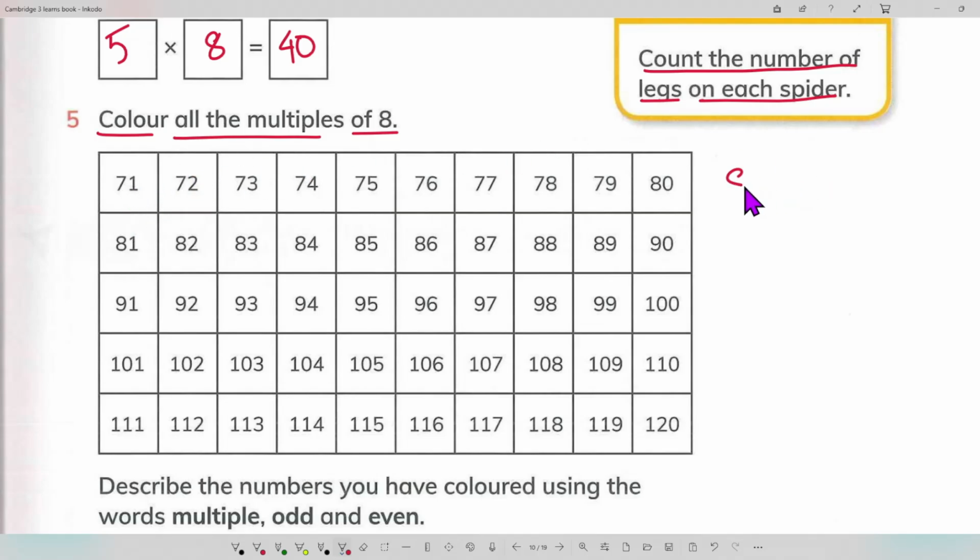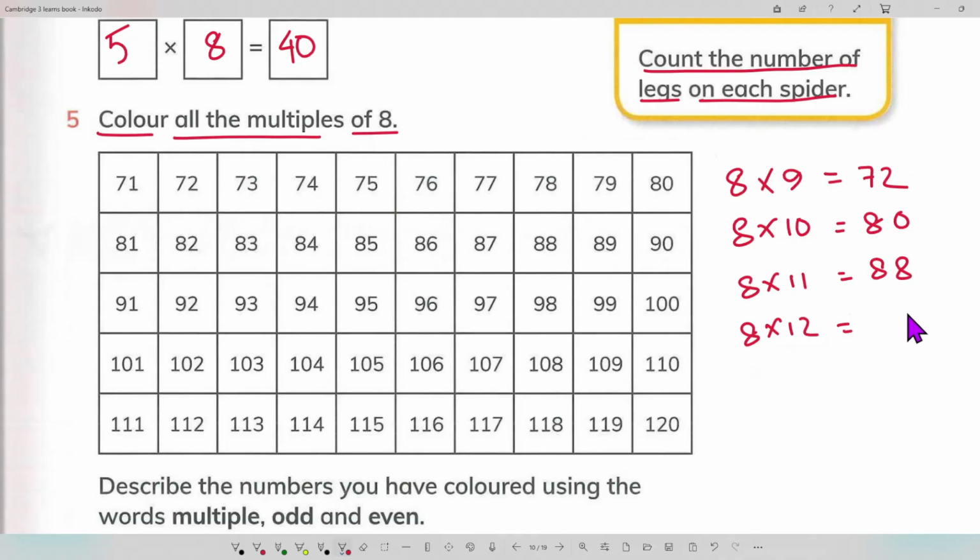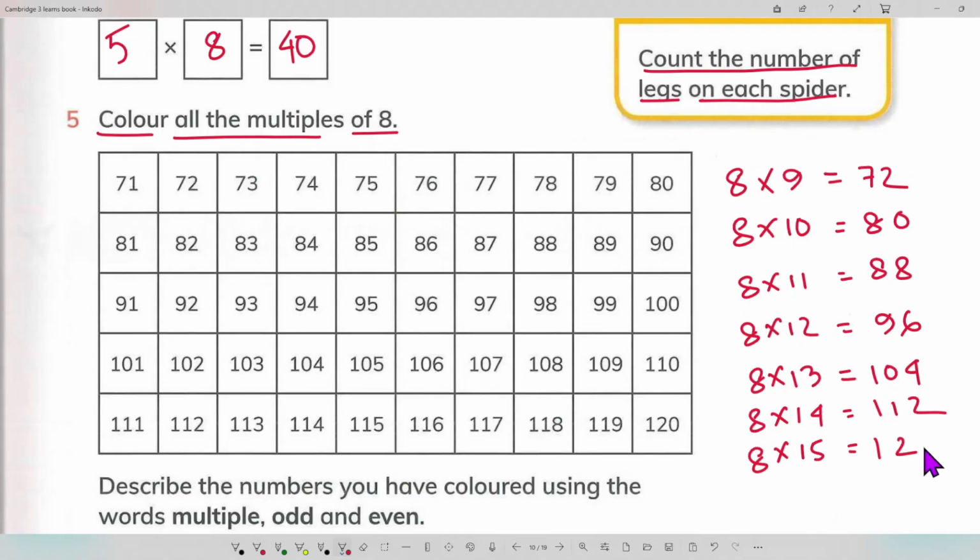So look, 8 times 9 is 72. 8 times 10 is 80. 8 times 11, it should be 88. 8 times 12, it should be 96. 8 times 13, here is 104, right? 8 times 14, here is 112, and then 8 times 15, it should be 120.